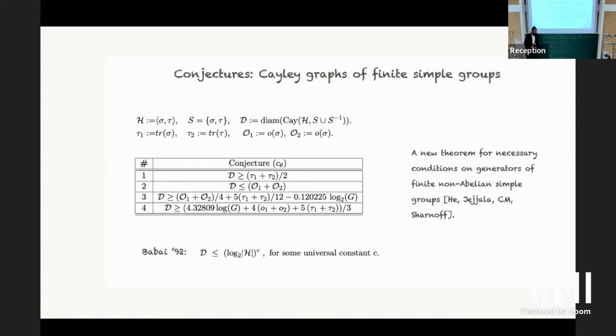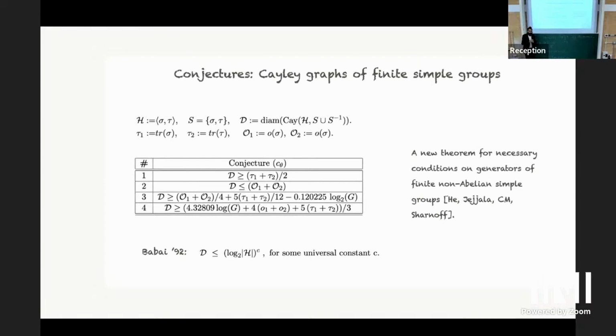And there is a famous conjecture by Laszlo Babai from a few decades ago, which says that corresponding to a finite simple group, you can construct its Cayley graph and ask the following question: what is the diameter of the Cayley graph? Effectively, the diameter is the number of group elements you need to multiply to generate a generic element.